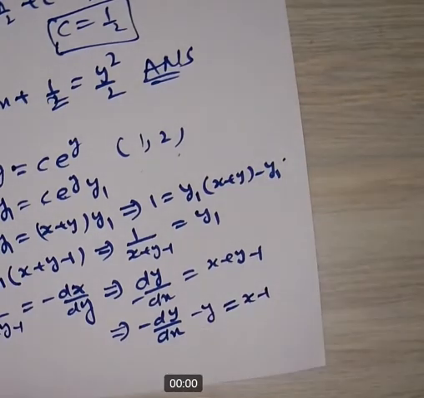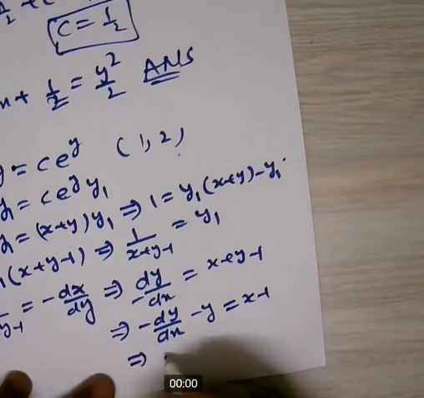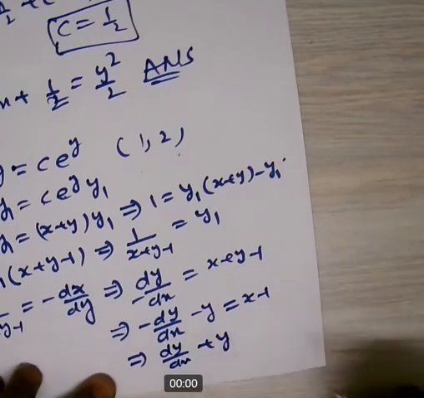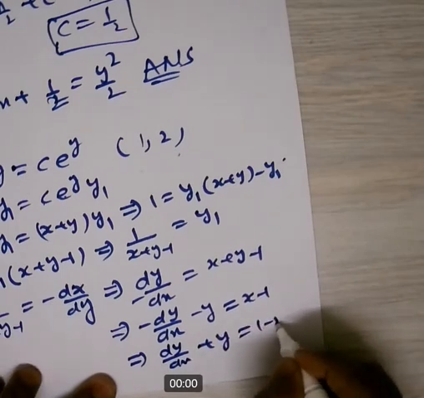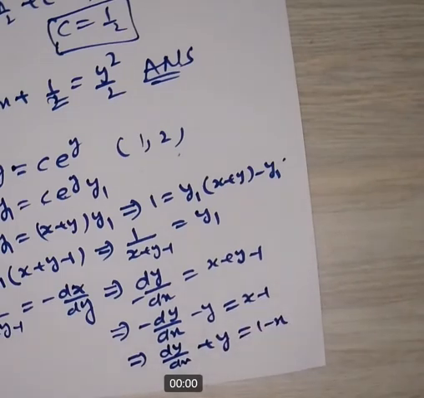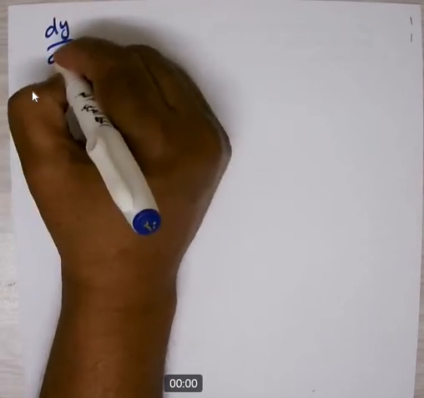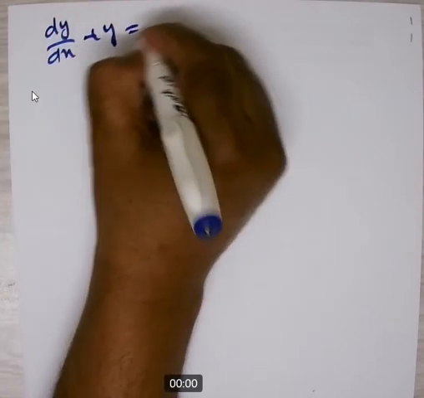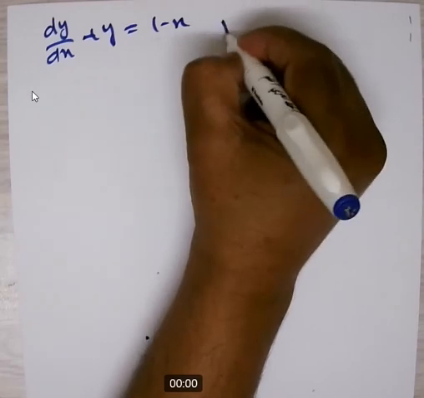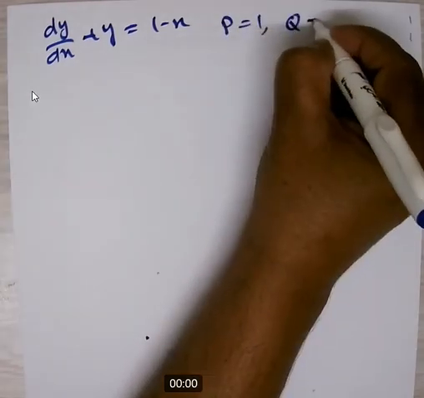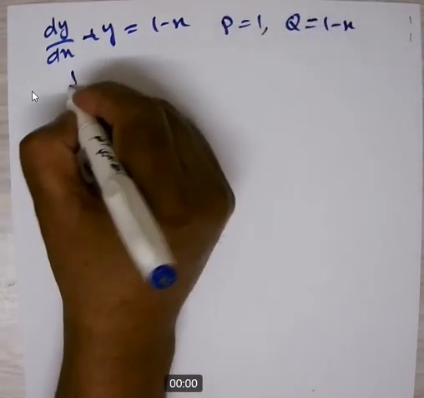Now if you compare that, we can write dy/dx plus y equal to 1 minus x. Now easily we can write the p and q values, because the differential equation is given here: dy/dx plus y equal to 1 minus x. So p equal to 1 here and q is equal to 1 minus x.